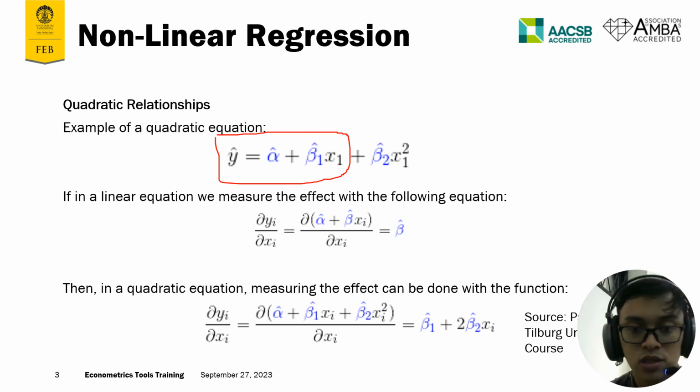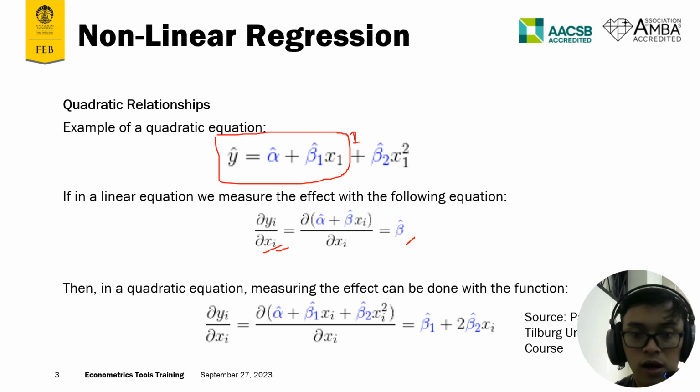When we try to see the effect of an increment of x1 on y as the dependent variable, we can just take the difference of y divided by the difference of x1. It will be equal to the beta, because the beta is the only one that has x1, and then the x1 is the quadratic form of 1.